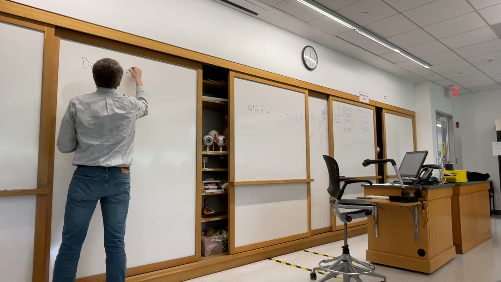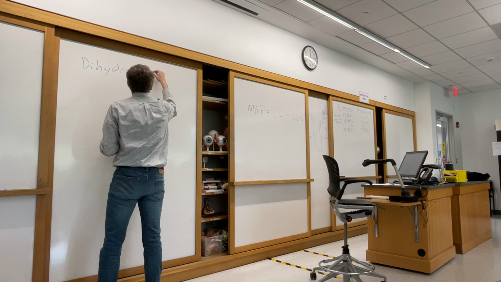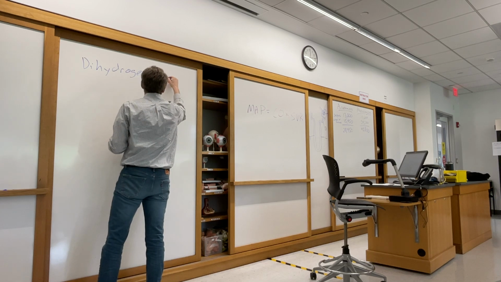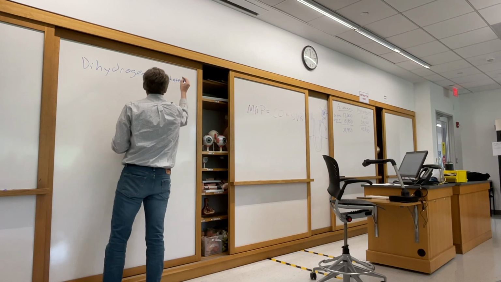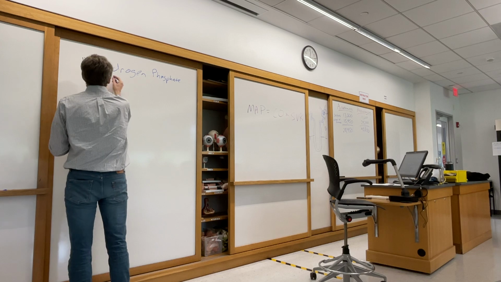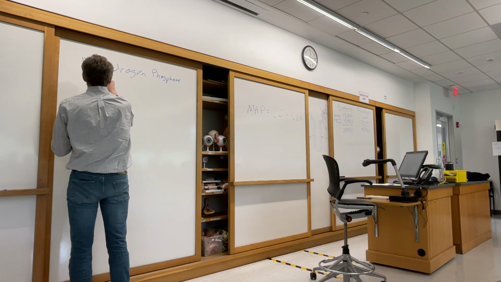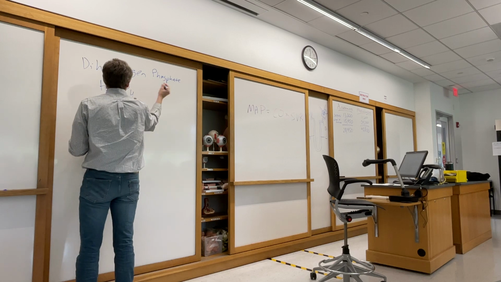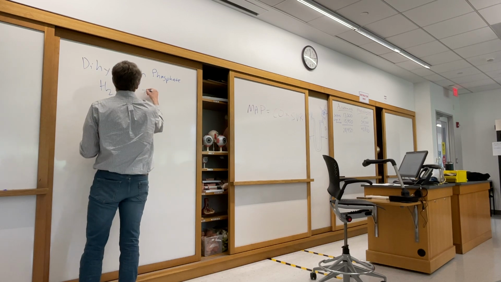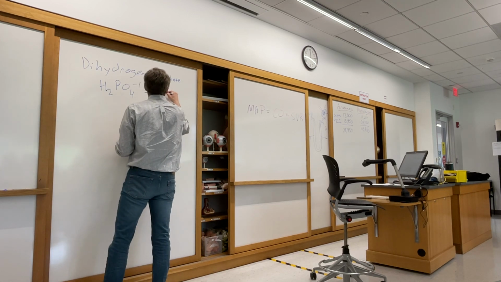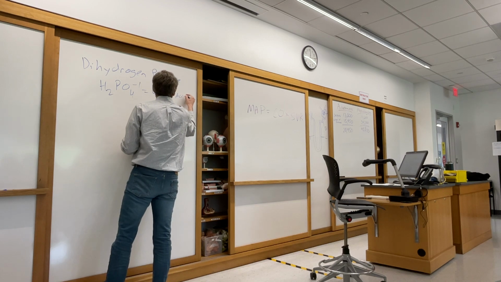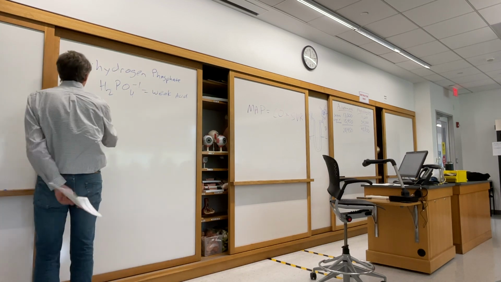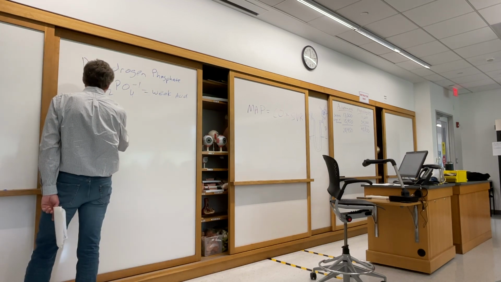And that's going to look like this. So it's going to be H2PO4 minus 1, and so that's the weak acid. The weak base is monohydrogen phosphate.